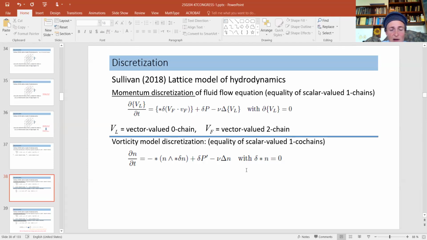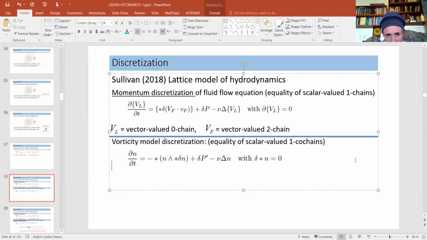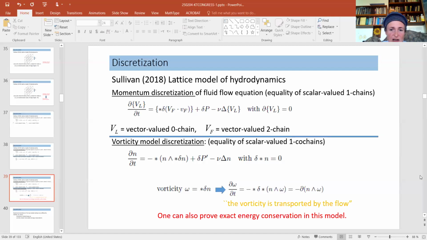So we can write these down, and one of them, which was called the vorticity model, does allow proof of exact energy conservation and vorticity also, and therefore it numerically converges better than the other model. These two are inequivalent, although they're both in the continuum limit equivalent to the Euler equation. I guess Navier-Stokes here because there is a viscosity term.